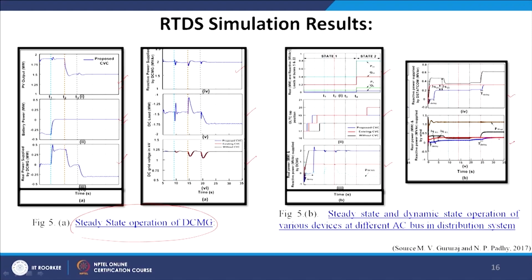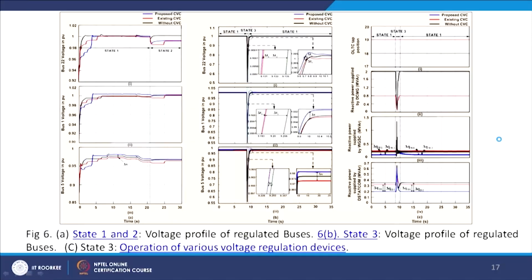So, these are all simulation results for your reference, and perhaps we can say the blue line represents the proposed CBC, the red one is the existing CBC, and the black one is without CBC.